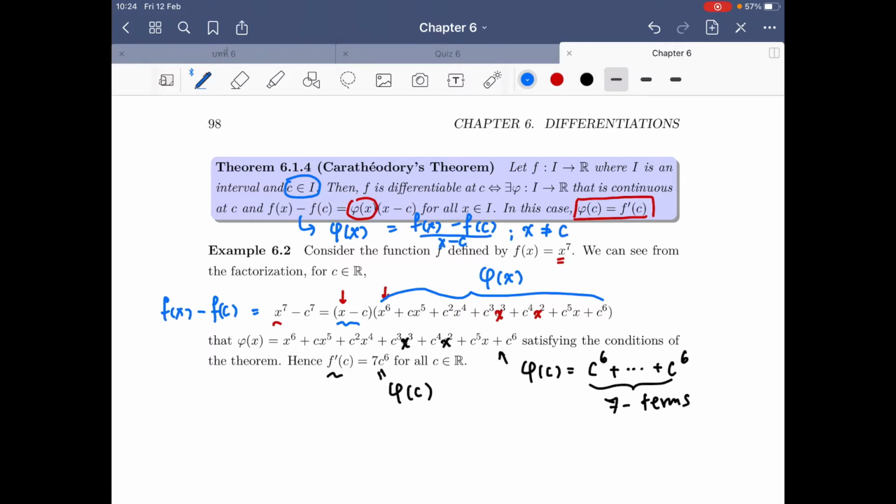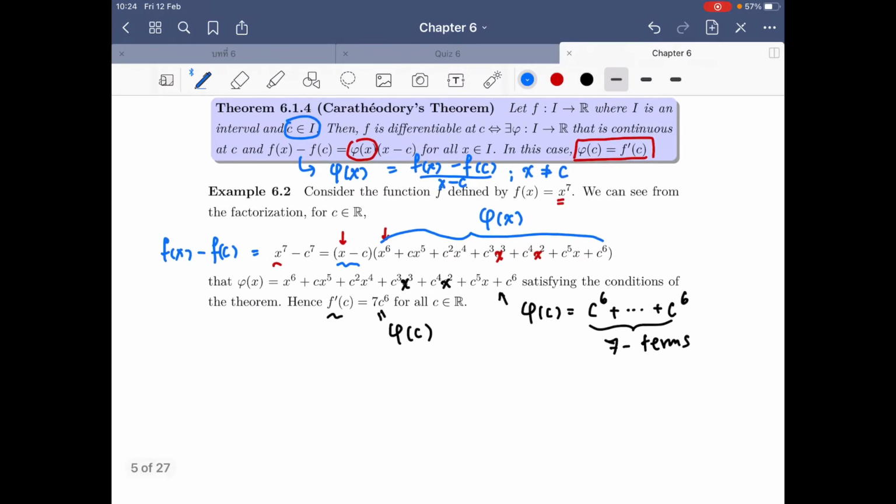So let us try to do the proof of this theorem. However, this theorem is an if and only if, so you need to do both ways. Let us do p implies q first.